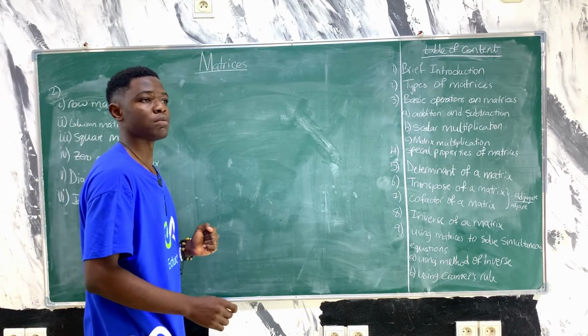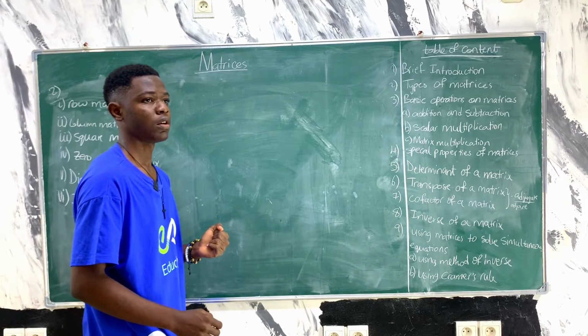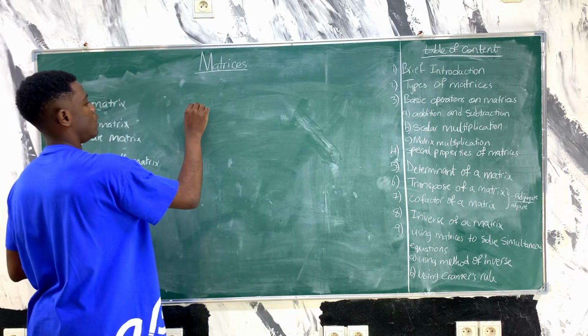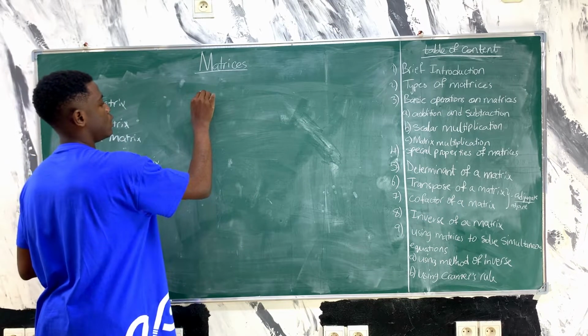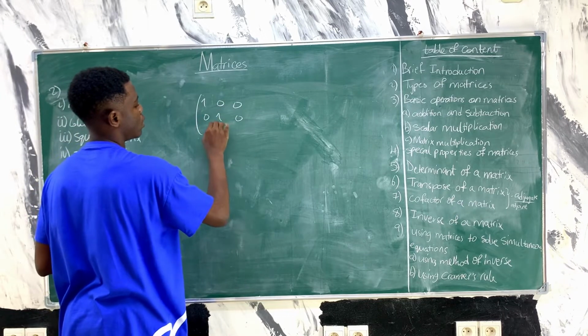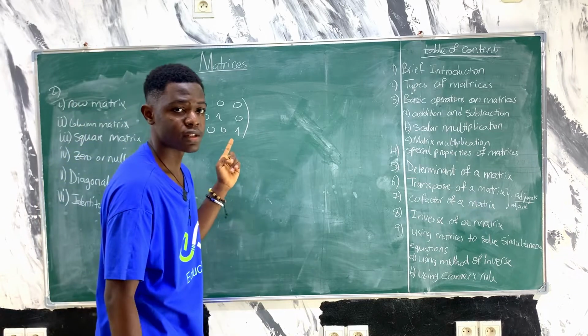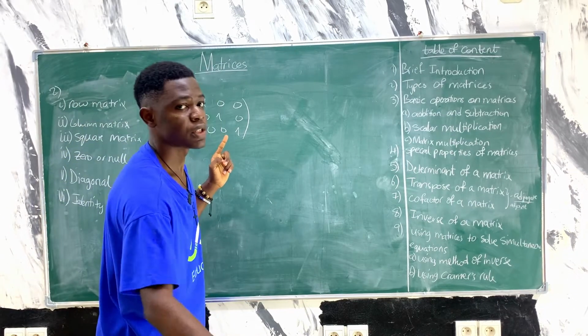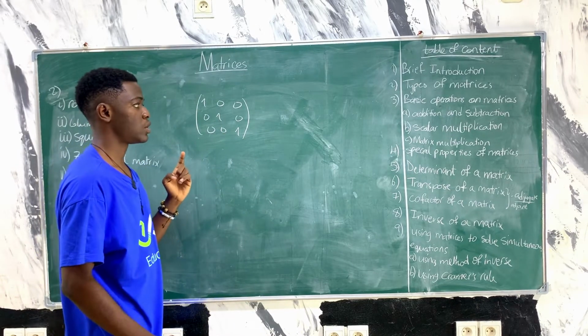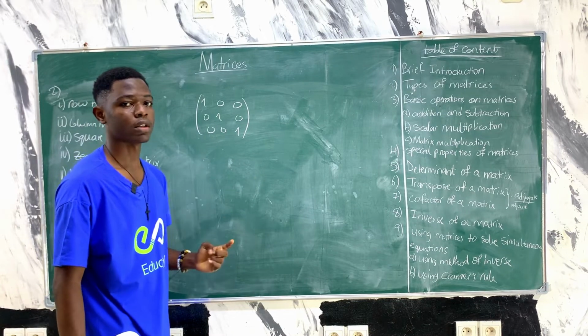An identity matrix is a matrix where, here you can see that this is the diagonal matrix. An identity matrix is actually a diagonal matrix where all of the diagonal values are 1.